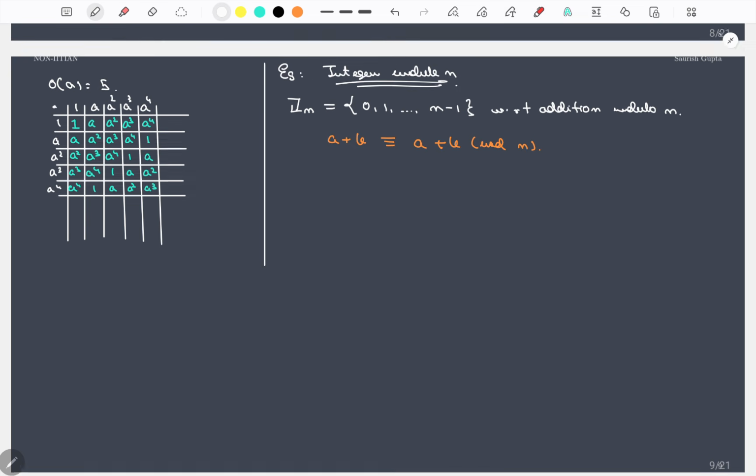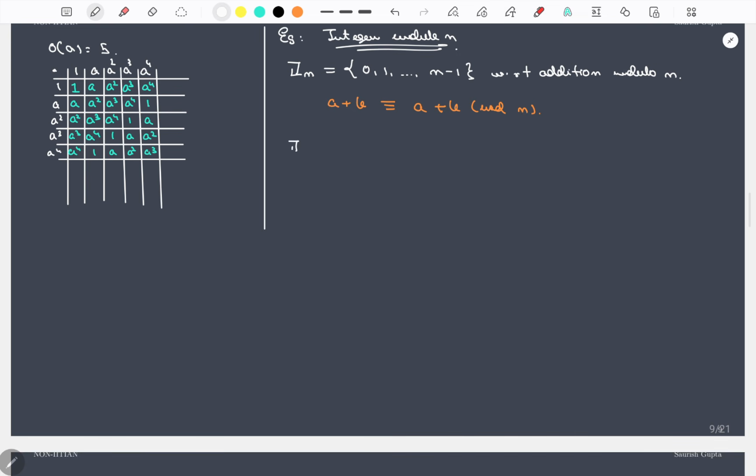Okay, let us understand why this example. So consider Z5. What are the elements in Z5? It should be 0, 1, 2, 3, 4. And let us understand the group structure via, again, the Cayley table.